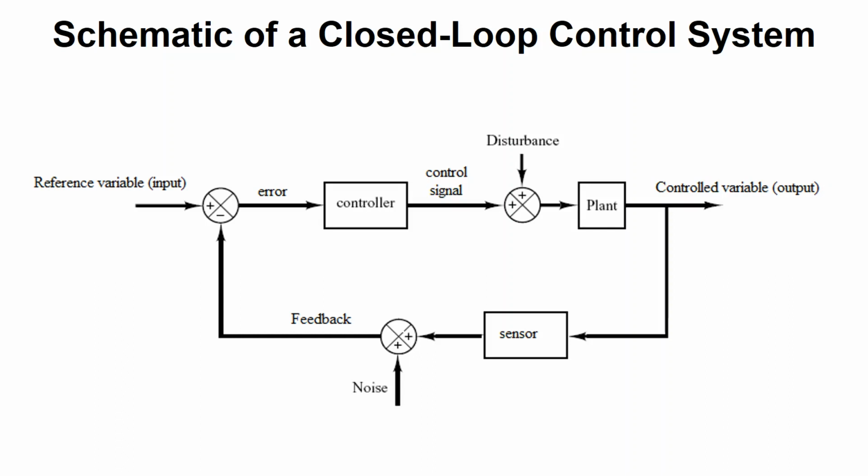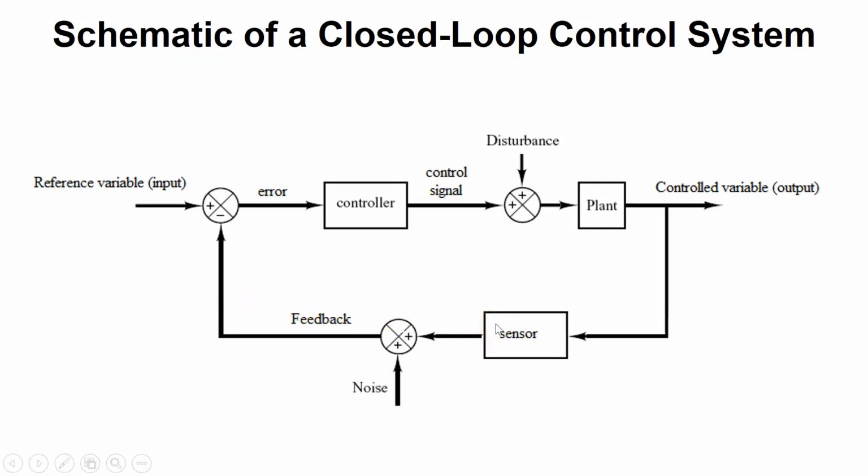optocouplers is one of them, or any other device that basically converts the rotated angle to a voltage that you can measure. Or if it's the speed of the car, then you have to measure the speed of the car. Typically it is done by measuring the RPM of the tires and multiplying that by the radius of the tires.